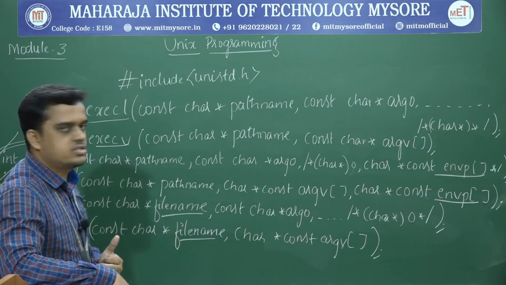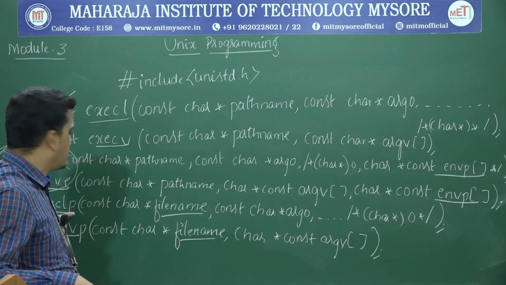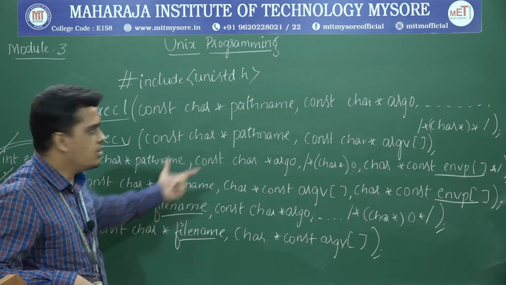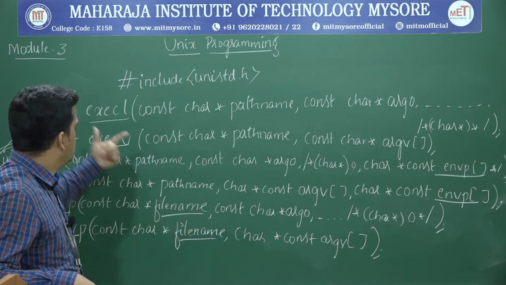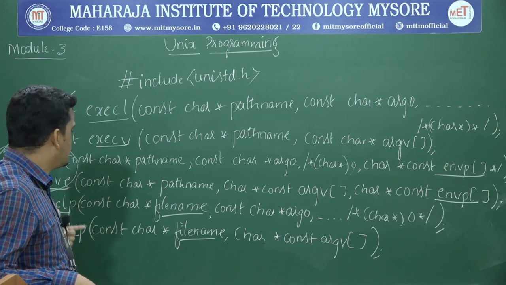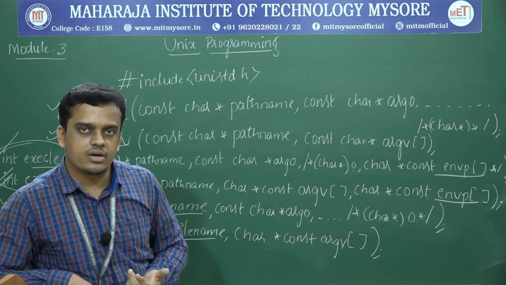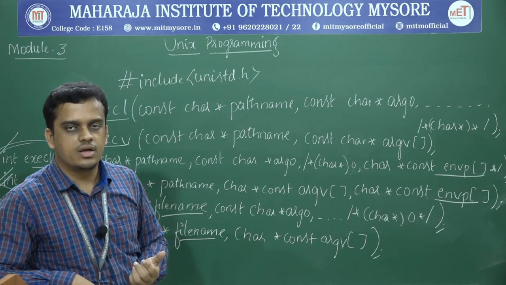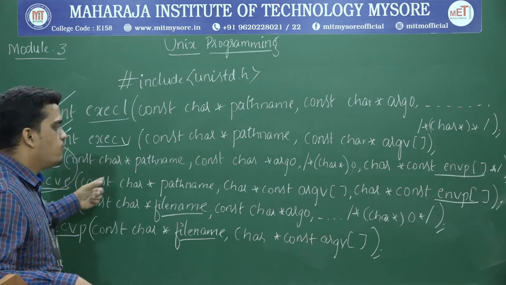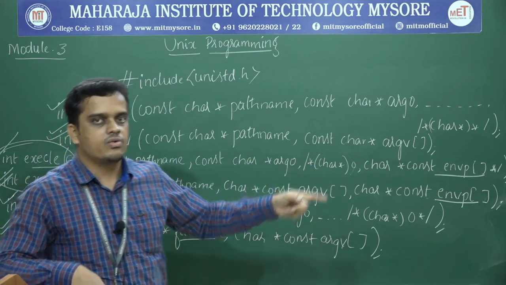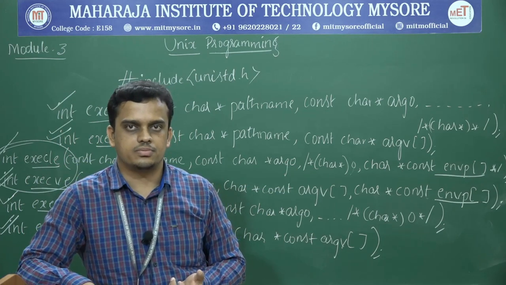The second major difference is that exec L, exec LE and exec LP take the arguments in list form, whereas exec V, exec VE and exec VP take the arguments in terms of a vector. And the third major difference is that exec LE and exec VE have one more extra argument, with the help of which the environment variables can be passed for the program in execution.